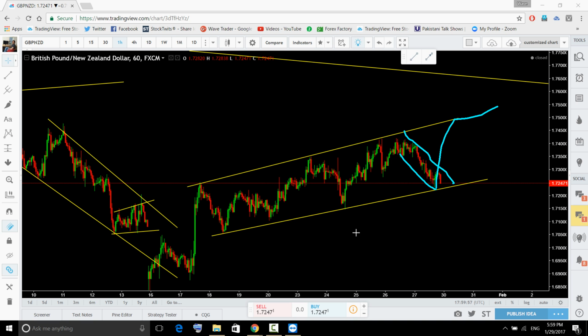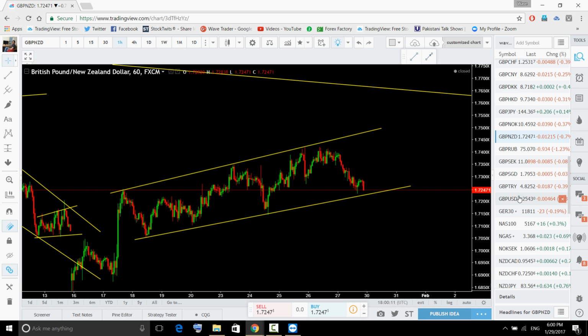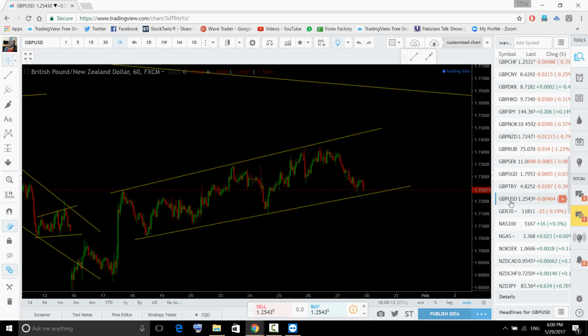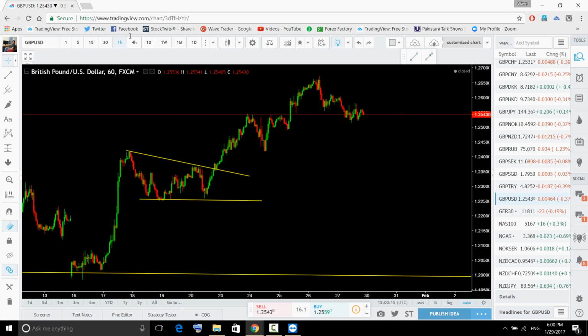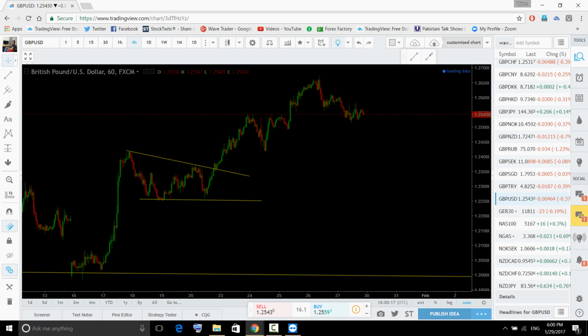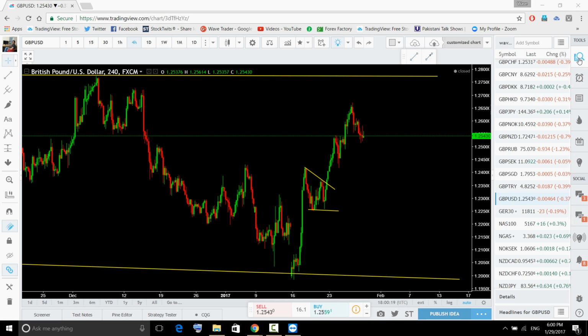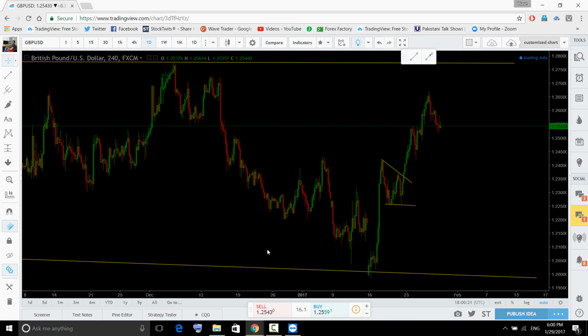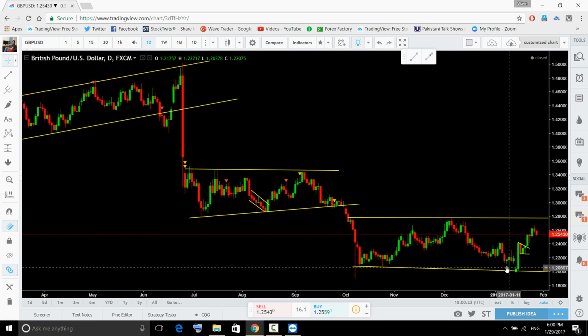You can see it is forming corrective moves. So this move, look for the upside. Pound is just about to hit the reversal point.